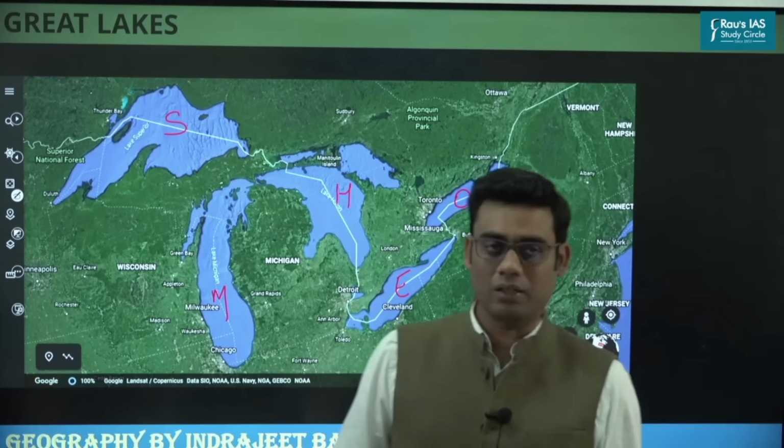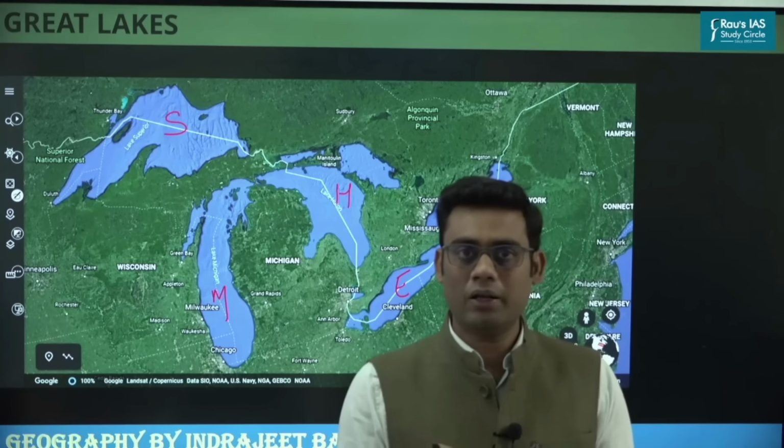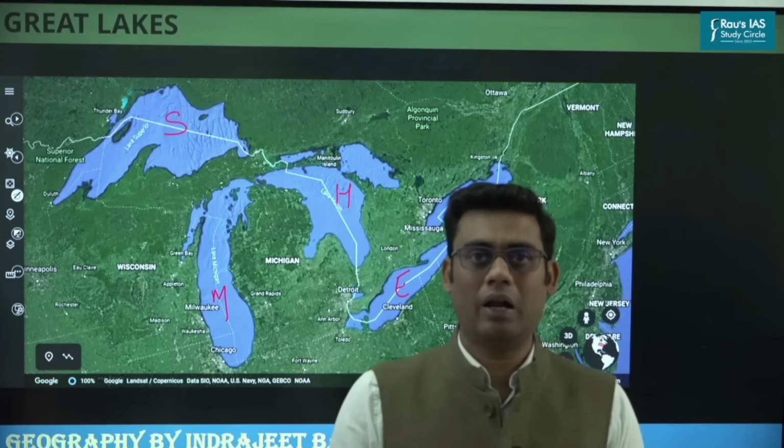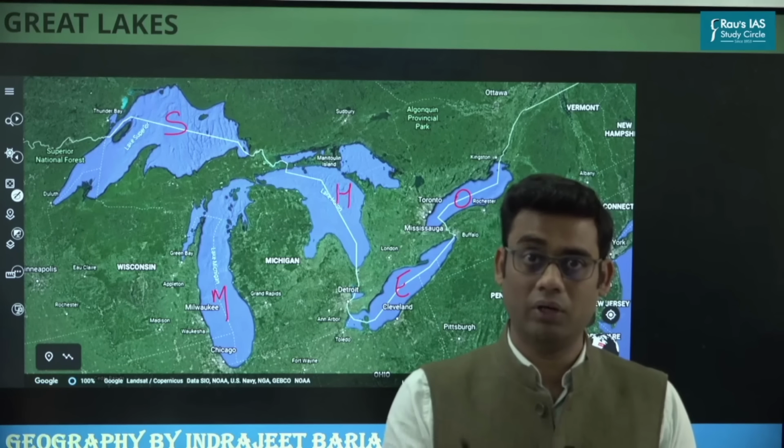About these lakes now, the first one, that is Lake Superior. Lake Superior is the largest freshwater lake in the world.